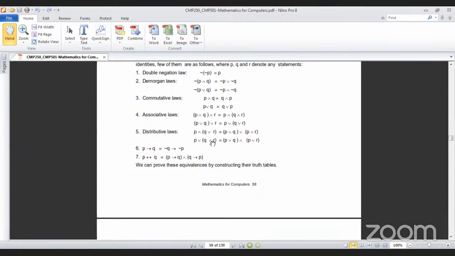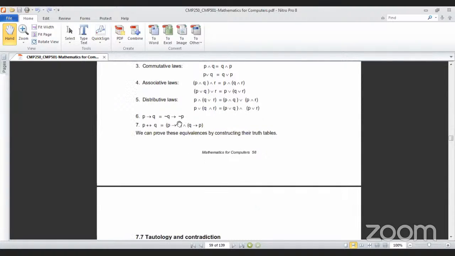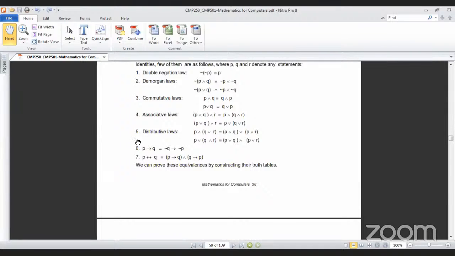Negation Q implies negation P. And double implication will be P implies Q and Q implies P. All of these terms you have to learn properly. Revise it.